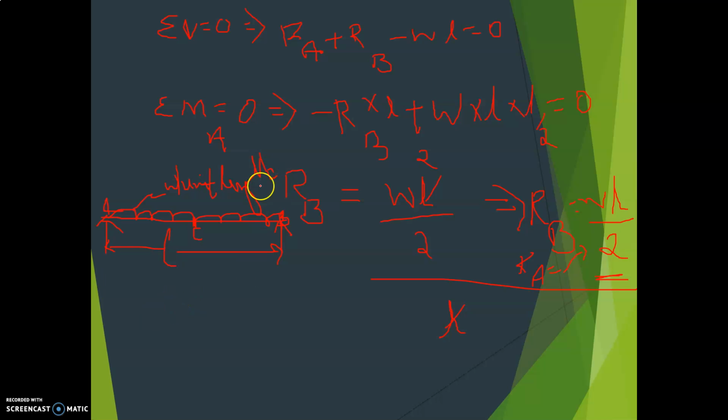Now you have to find the values at different points. Yesterday I explained the derivation when the beam is subjected to a point load. I considered two sections: first the portion AC with a section there, then the portion CB with a section there. But you can do it another way also.